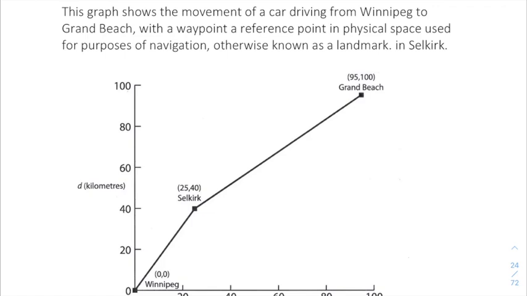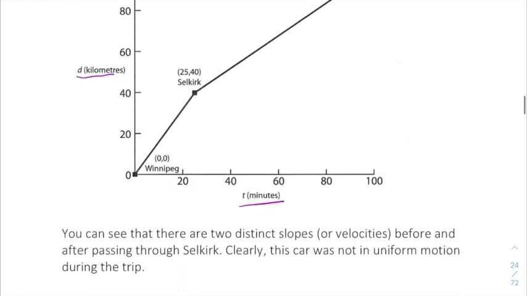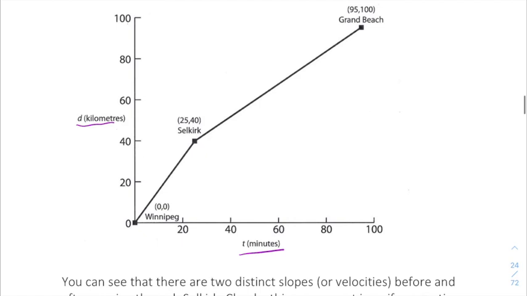You can see the time that it takes them and the distance or the displacement in terms of kilometers. So this is kilometers essentially north, right? We're going to say towards Grand Beach is the direction we're moving. So we can see two distinct slopes here. We can see slope number 1, let's say, between Winnipeg and Selkirk.